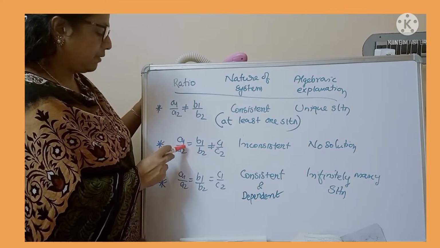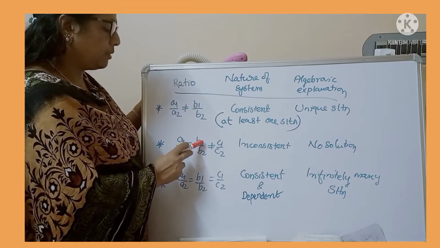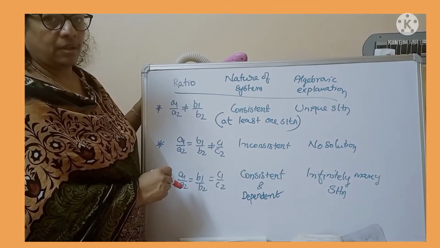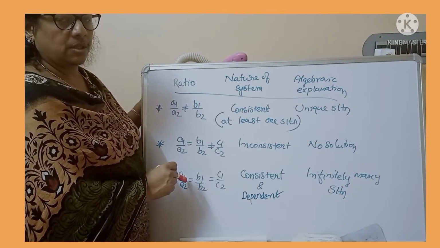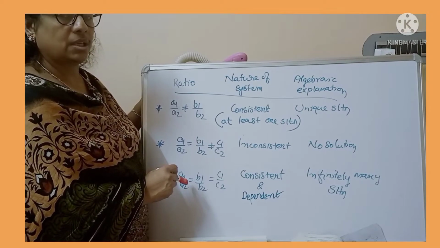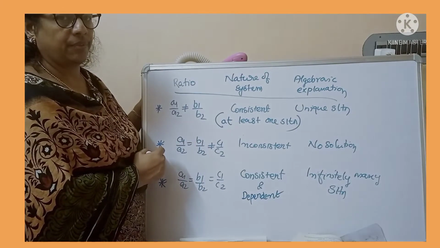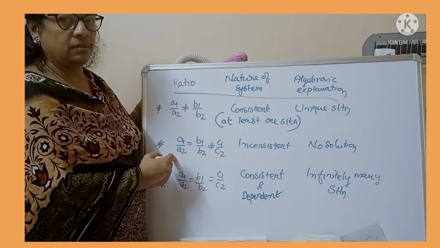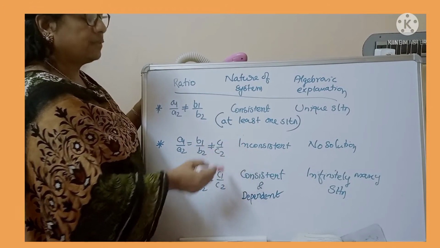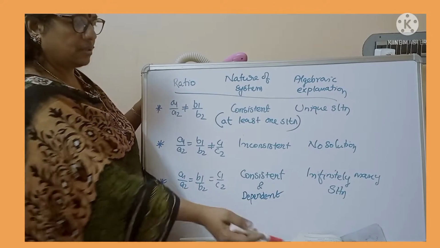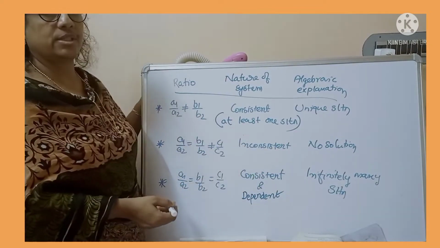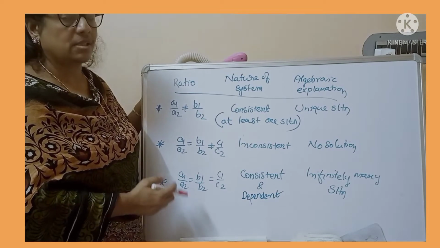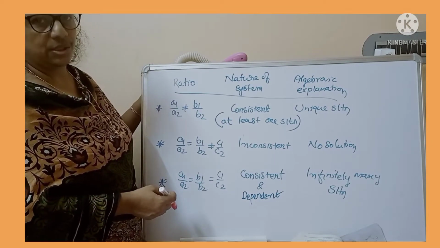And if a1 by a2 equal to b1 by b2 not equal to c1 by c2, that means ratio of the constant terms will differ from ratio of the coefficients of x and y, then the nature of system will be inconsistent and these equations have no solution. That means they are parallel to each other.